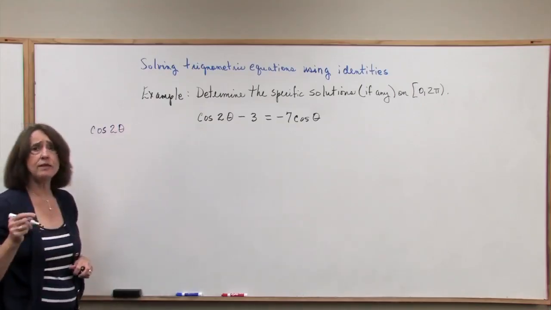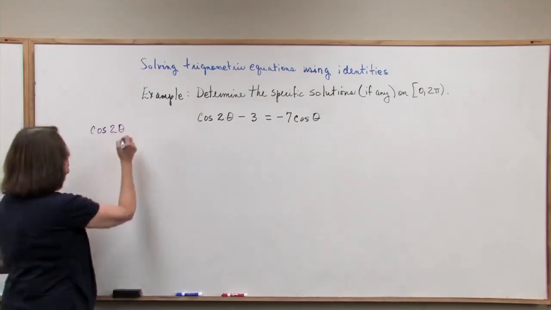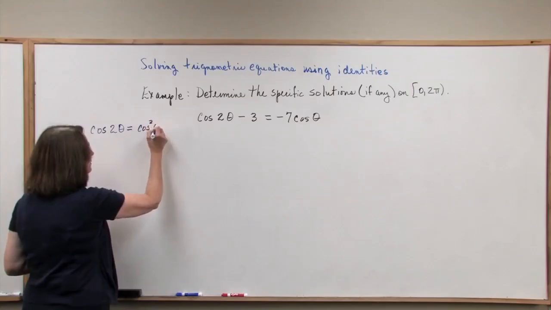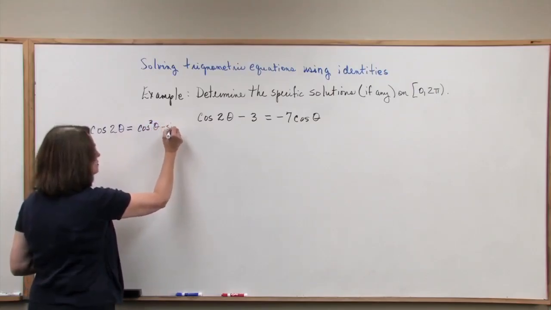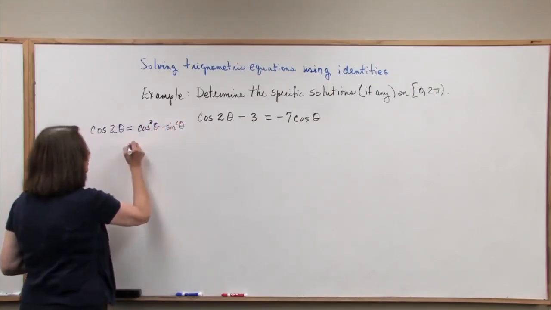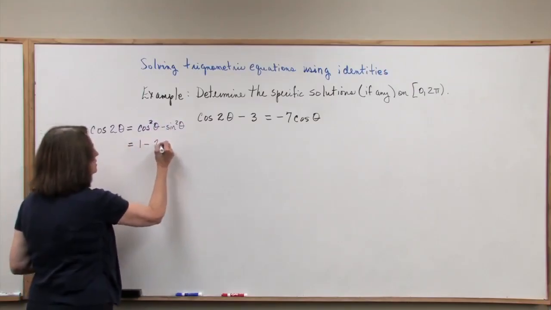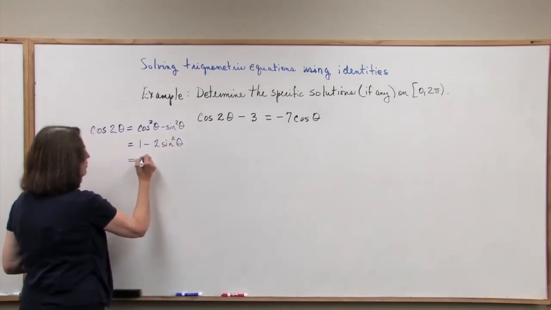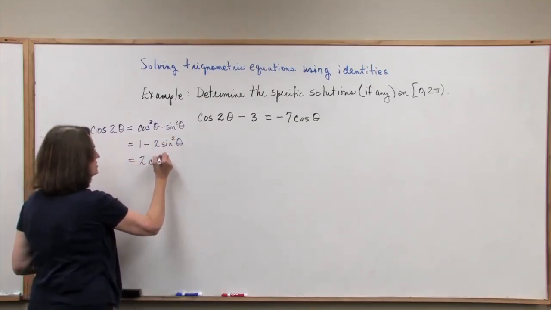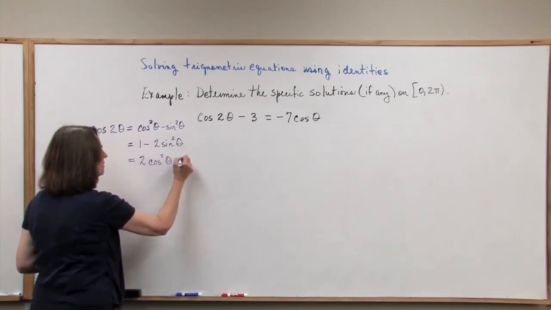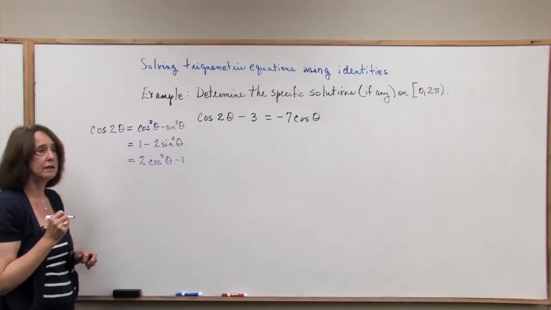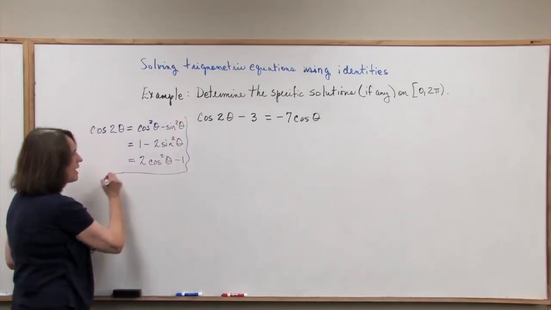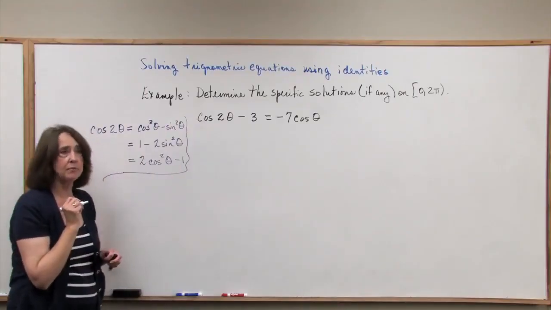I want to use the identity for the cosine of 2 theta. There are actually 3 versions of this identity. We have cosine squared minus sine squared. We have 1 minus 2 sine of theta squared. And we have 2 cosine of theta squared minus 1. So I want to choose the one that will work the best for this problem.